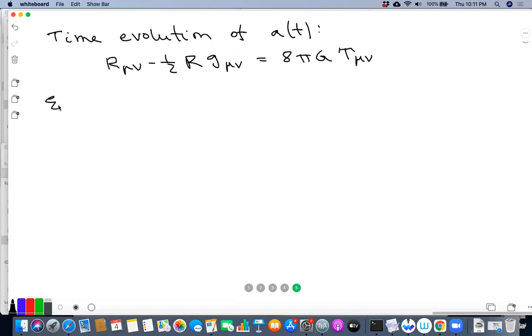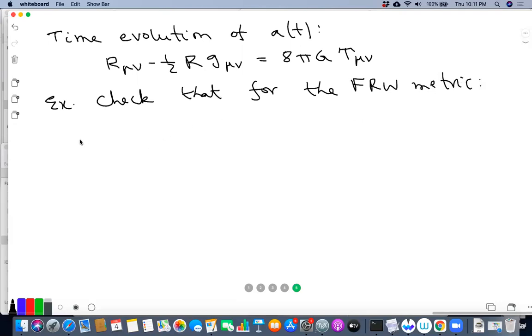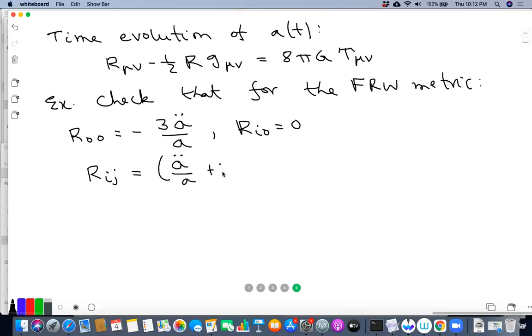Now, I'll leave it as an exercise to check that for the FRW metric, we have R_00 as −3 ä/a, R_i0 is 0, and R_ij is (ä/a + 2ȧ²/a² + 2K/a²) times g_ij. This is a straightforward computation.